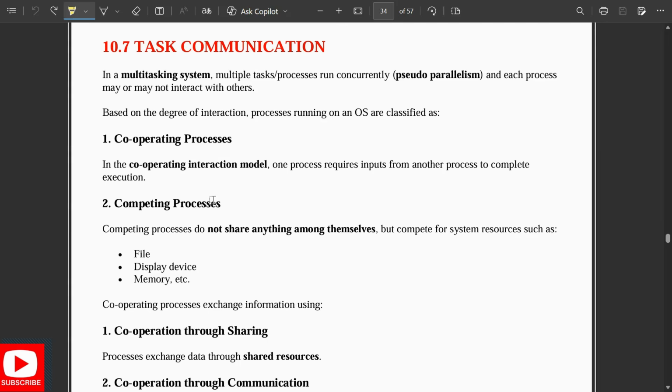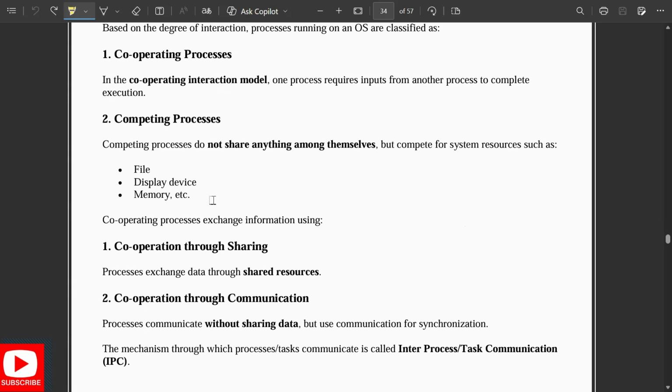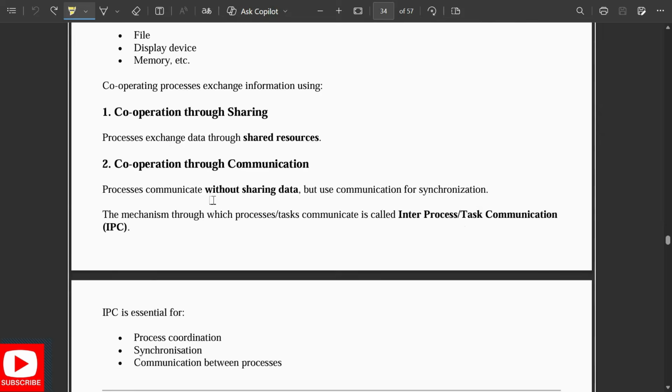Competing means they do not share anything among themselves, but they compete for system resources. There is cooperation through sharing and cooperation through communication. Cooperation through sharing means sharing resources. Through communication means without sharing resources, but communicating for synchronization.